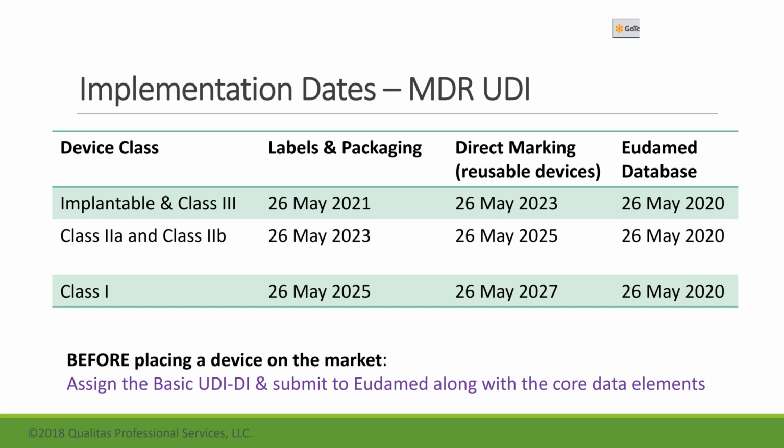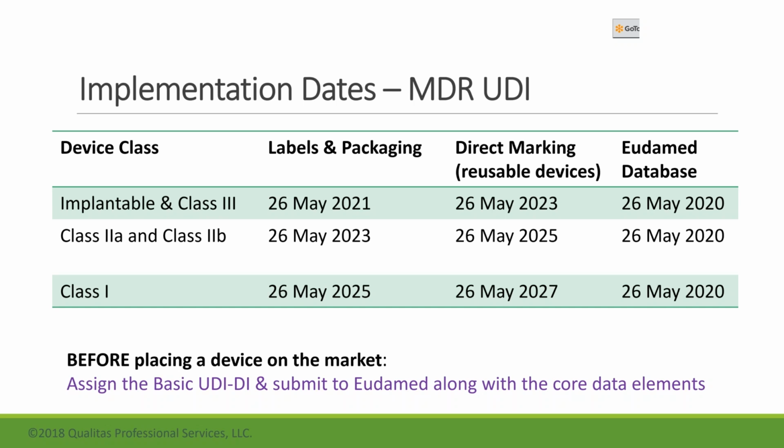We're still required to have UDI assigned and to have all these data elements compiled, even if we cannot put them in the Eudamed database. So don't put off your new UDI implementation program. Don't think that you're going to wait until you hear that Eudamed is ready. Just be careful about that.